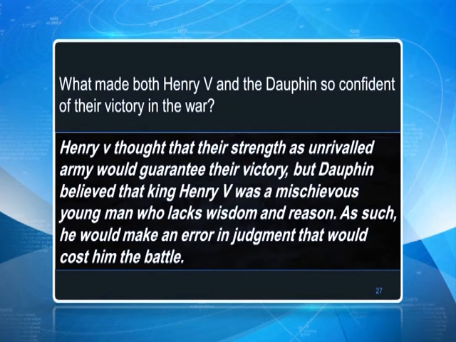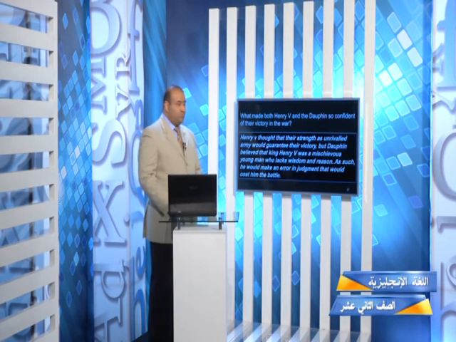But the Dauphin believed that King Henry V was a mischievous young man who lacks wisdom and reason. As a result, or as such, he would make an error in judgment that would cost him the battle. So everybody has his own reasons why he is going to win the victory over the other.